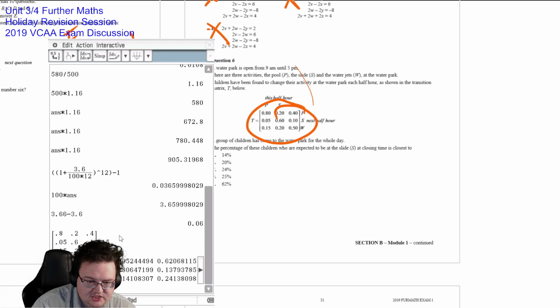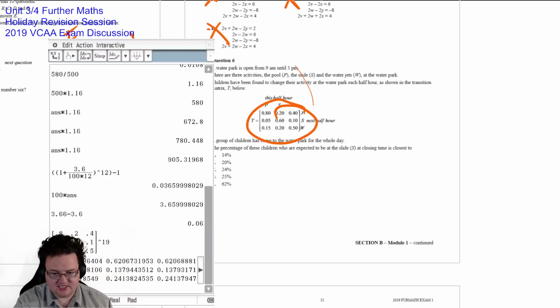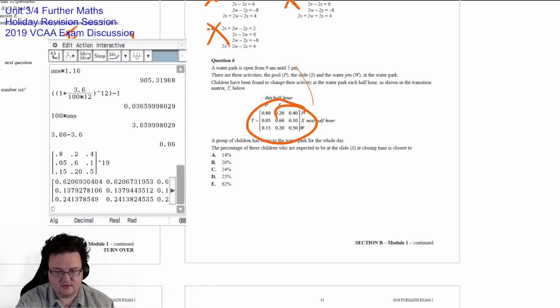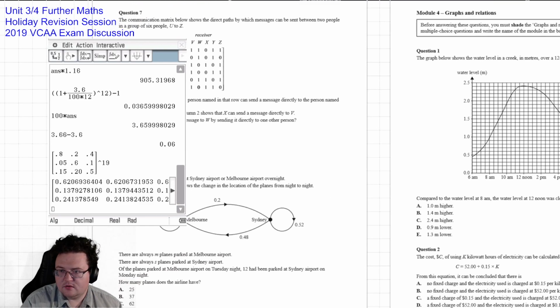What's the state that I've reached? What's not really changing? All right, it's an example of steady state. Just shrink that down. You can see there, 0.1379, which is 14%.